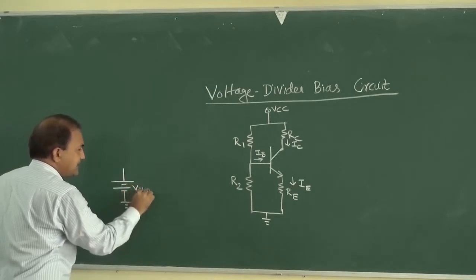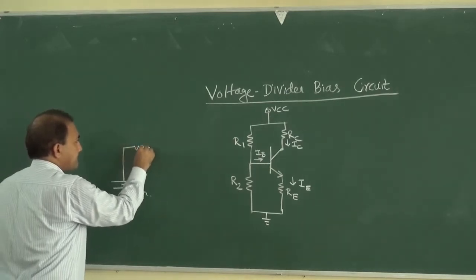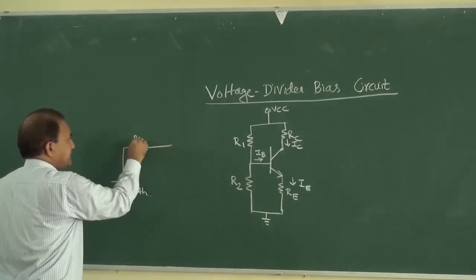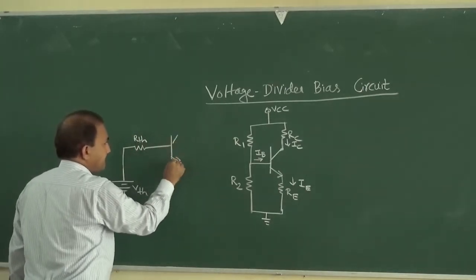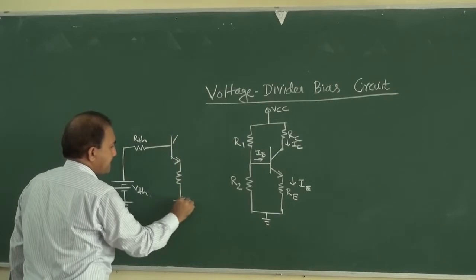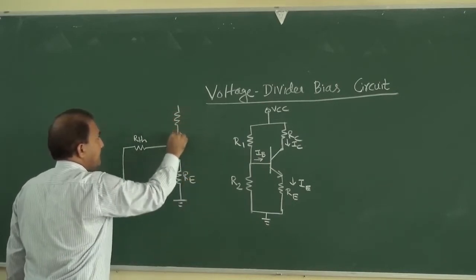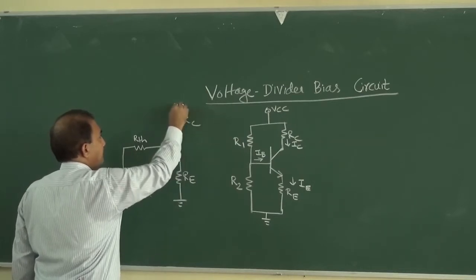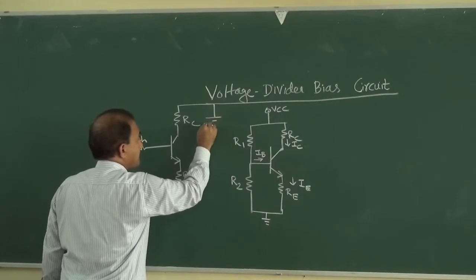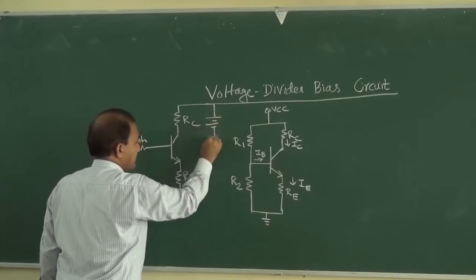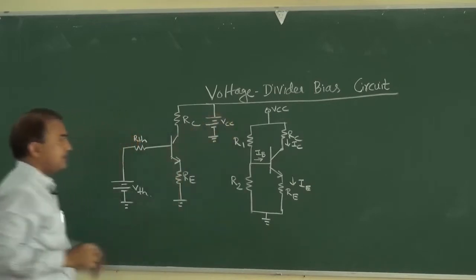This is Thevenin's voltage. This is Thevenin's resistance. This is the emitter resistor, and this is VCC.